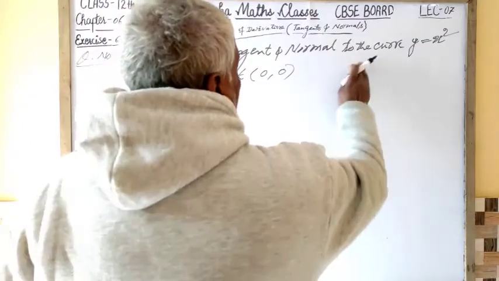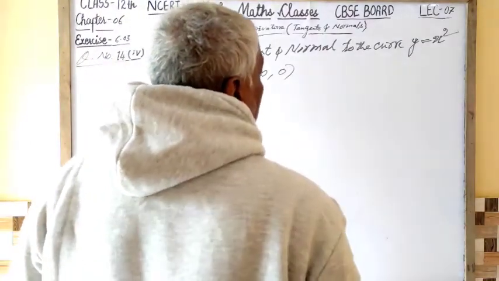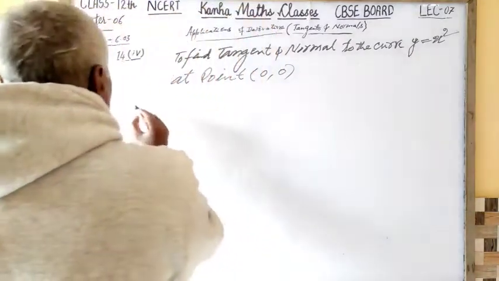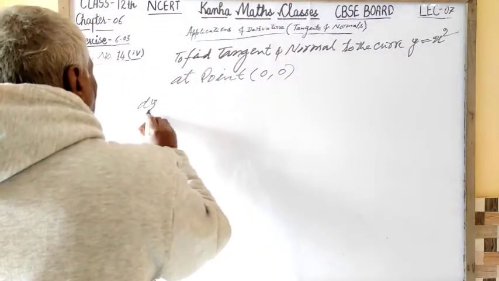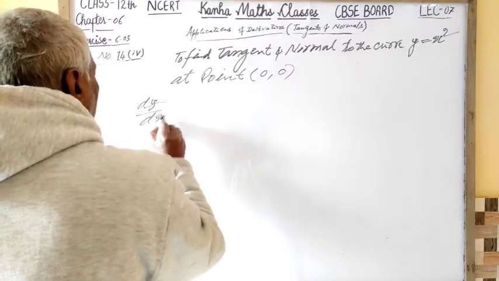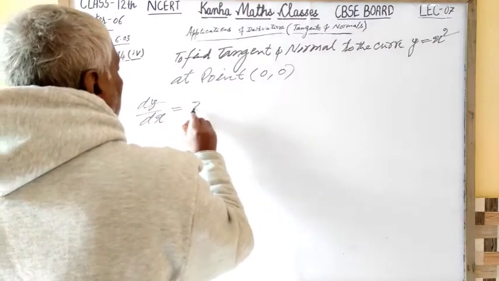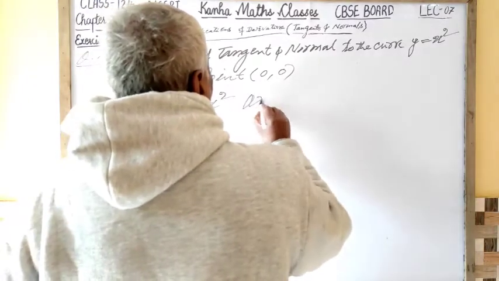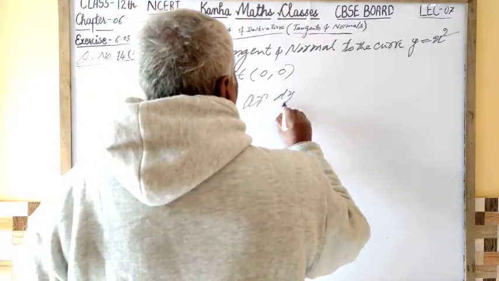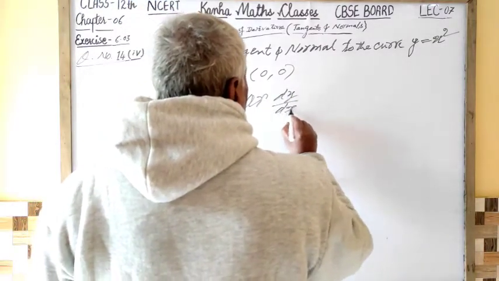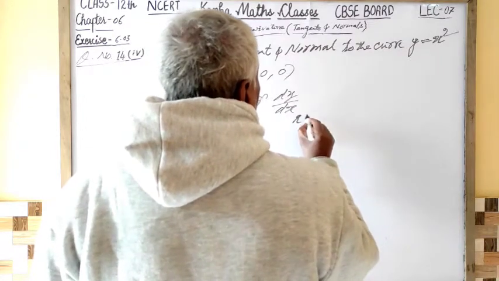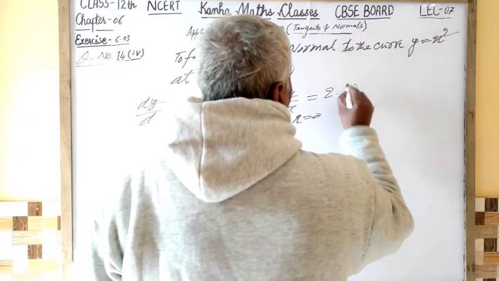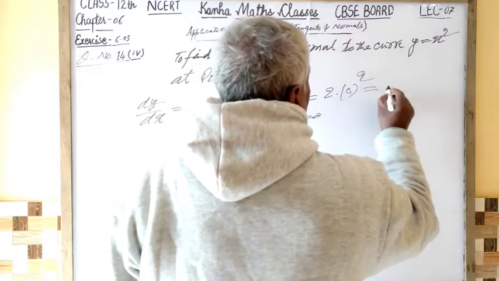For the sake of convenience, we differentiate the equation of the curve with respect to x, that is dy by dx is equal to 2x, so dy by dx at the point x equal to 0 means 0.